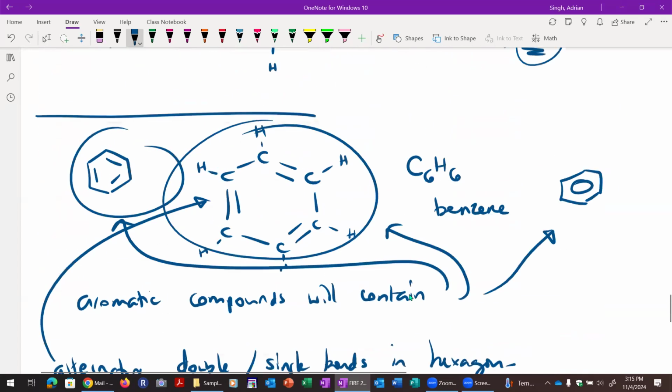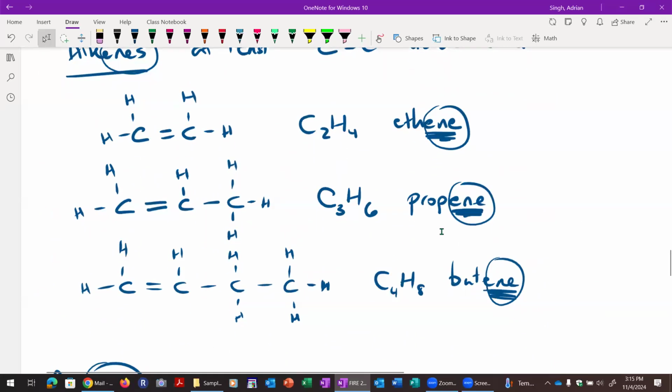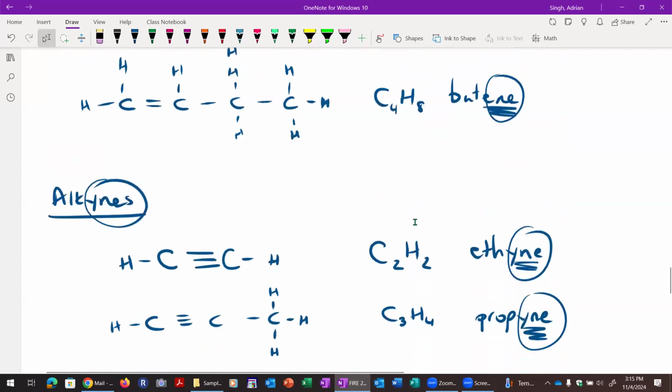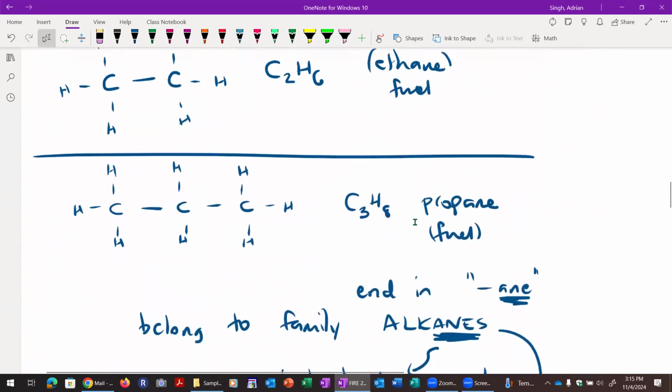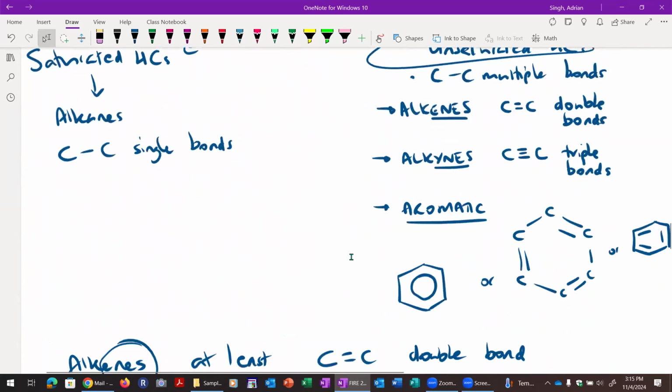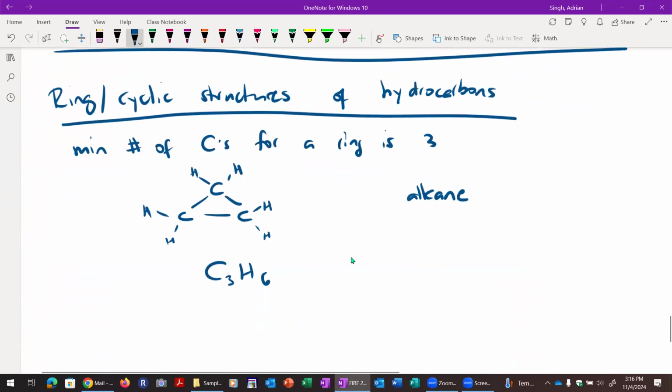So if you remember all the way back up here, when we had three carbons in something, they all started with this name prop, right? So propene or propyne, or in the case of the alkane, this one was called propane with three carbons. We're going to do that here as well. So we know that this is going to be a prop, three carbons. They're all carbon-carbon single bonds, so it's going to be an alkane, so propane.